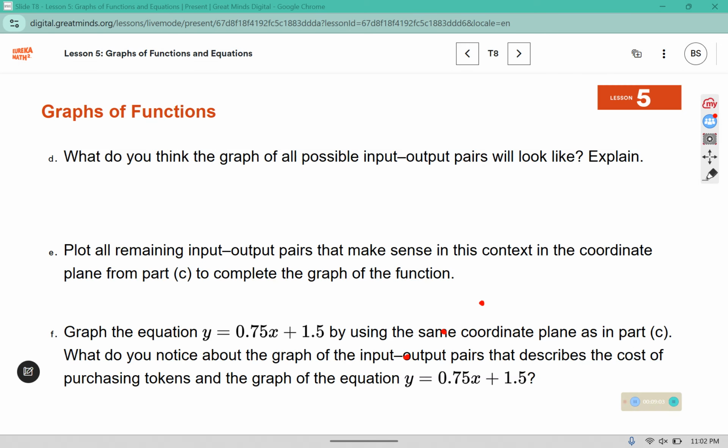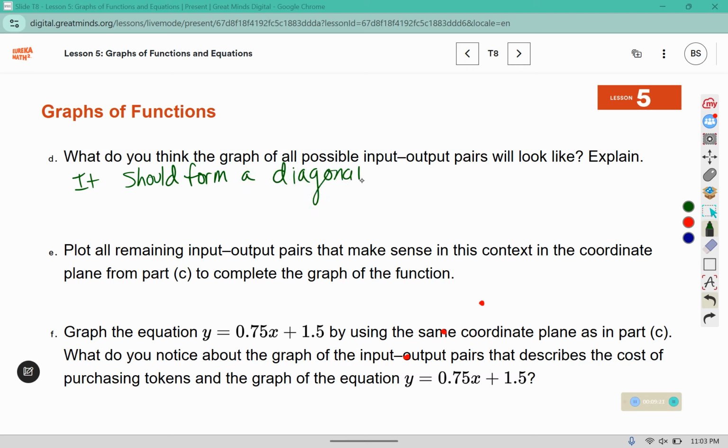What do you think the graph of all possible input-output pairs would look like? Explain. It should form a straight line. That has an upward slope.